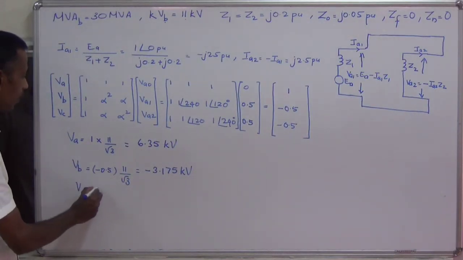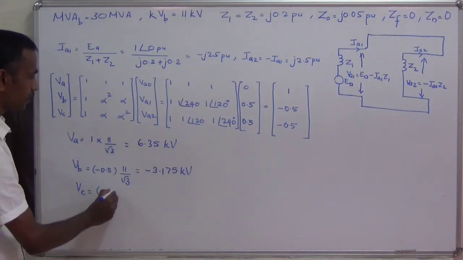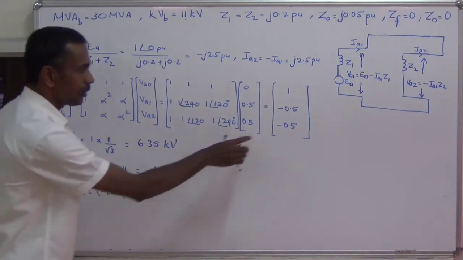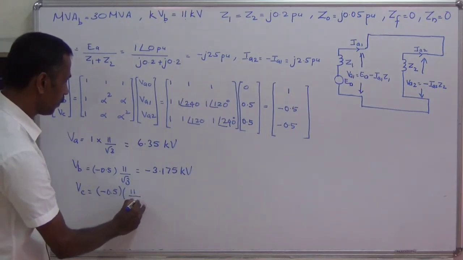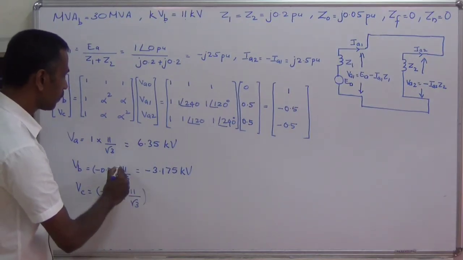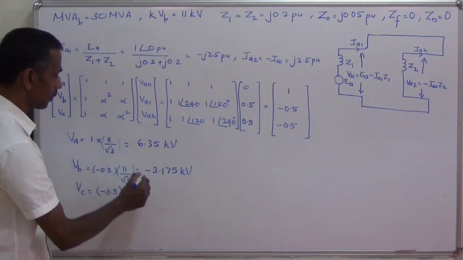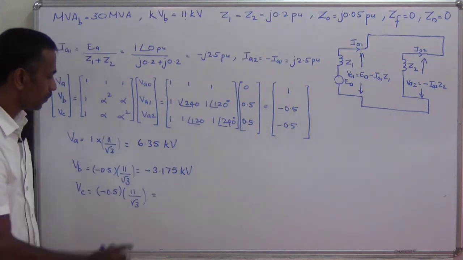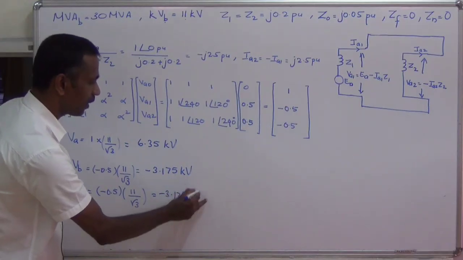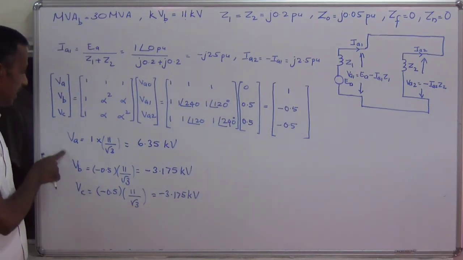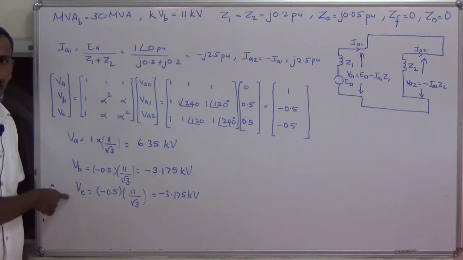And VC is equal to minus 0.5 into 11 by root 3. This is equal to minus 3.175 kilovolt. So these are the phase voltages.